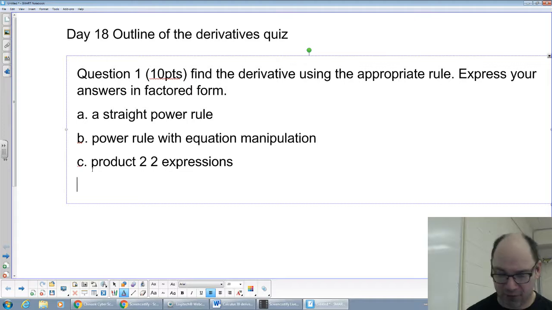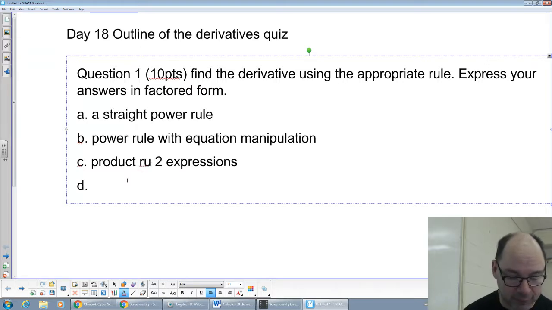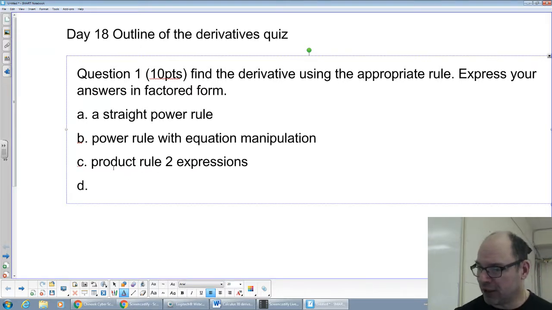I also have a product rule with three expressions. Product rule, sorry guys, two expressions, and another product rule with three expressions.